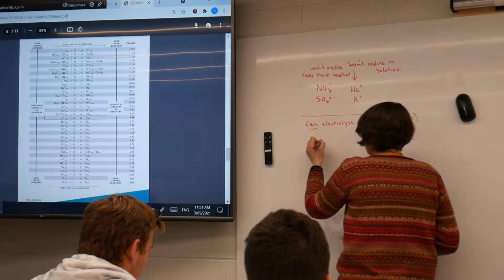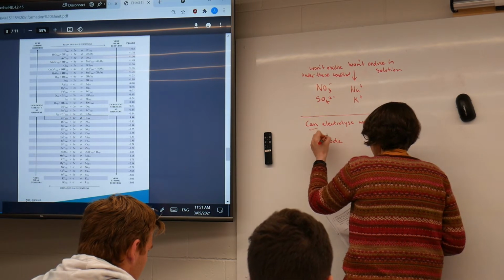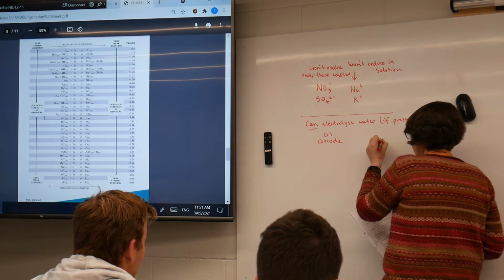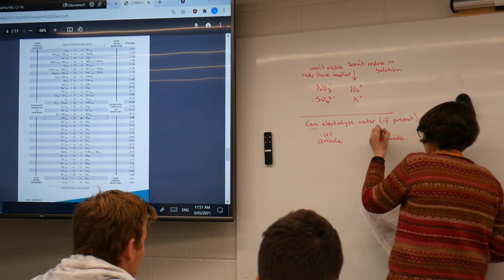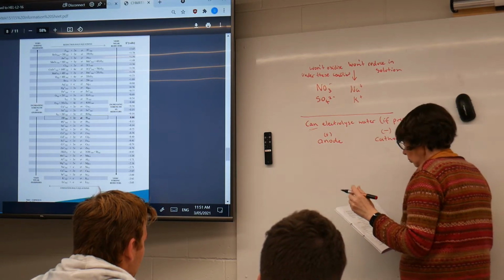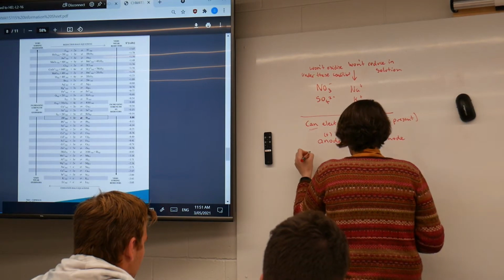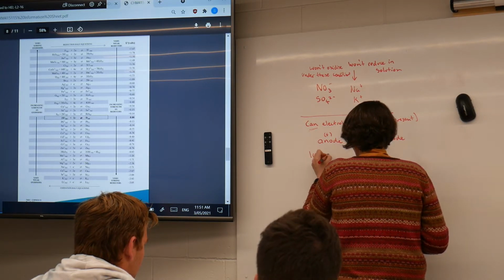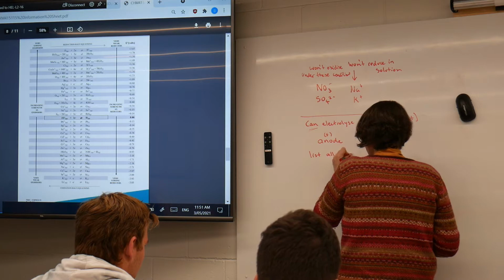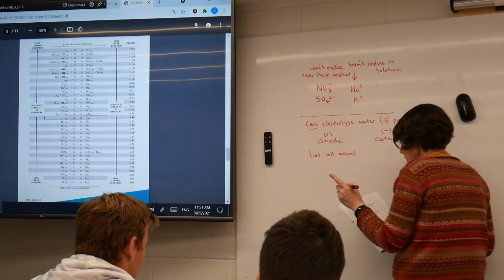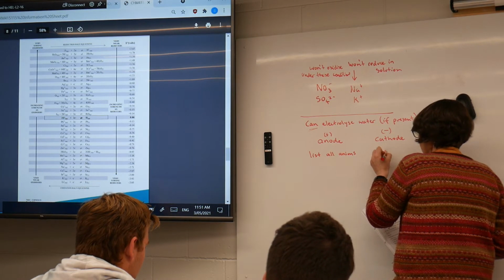So for the anode, which has a positive charge, and the cathode, that has a negative charge, what we do is we list all the anions for the anode, and we list all the cations.